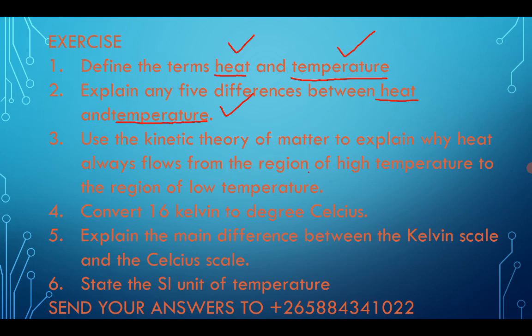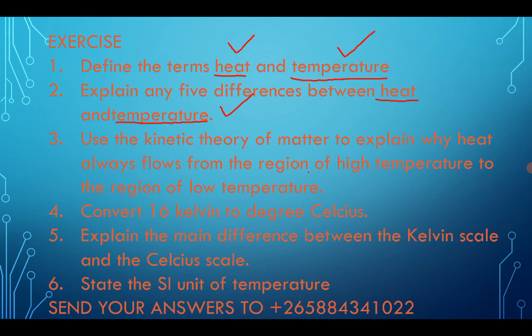Next, you convert 16 kelvins to degrees Celsius. We also saw how you can convert Kelvin to degrees Celsius or the other way around, or Celsius to Kelvin, using the formula that we looked at before.